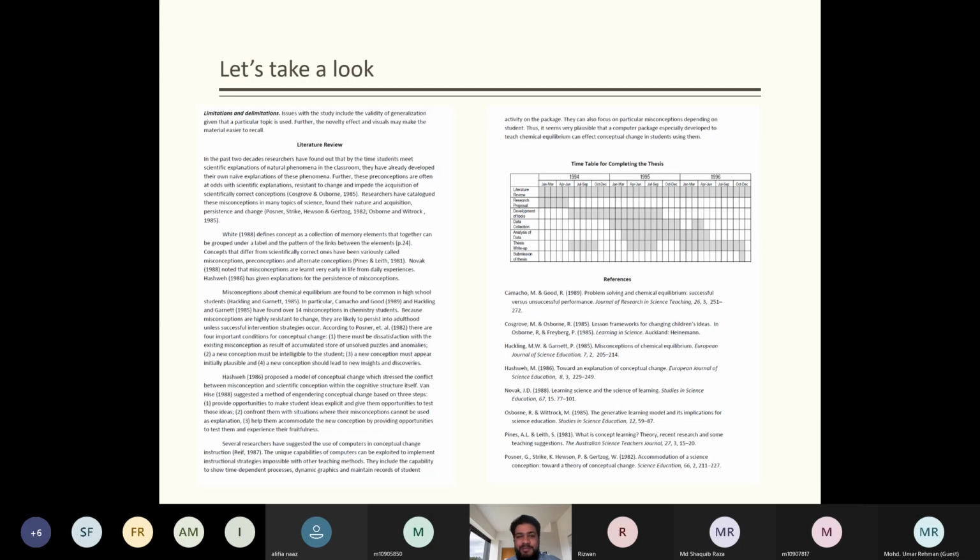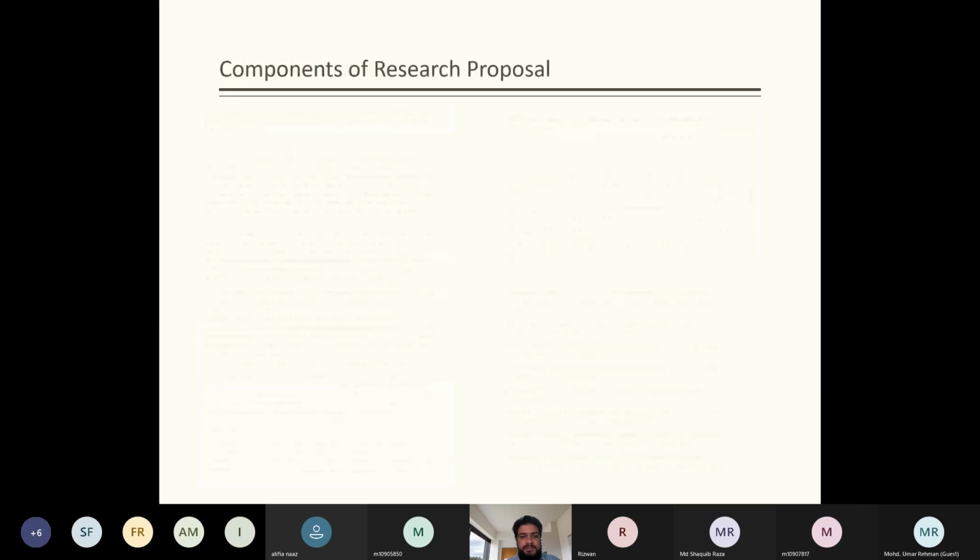You are not supposed to conduct a research that requires, for example, data collection for 10 years. If you keep collecting data for 10 years, when are you going to start doing actual research? So you need to have that schedule set in your mind for completing your thesis. And finally, some references.